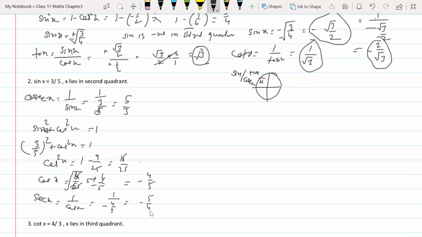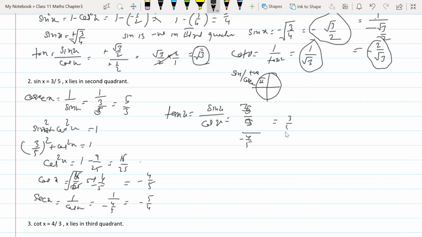So we have sine, cosecant, cos and secant. Now we can calculate tangent, which is equal to sin x upon cos x. Sin x is 3 by 5, cos x is minus 4 by 5.